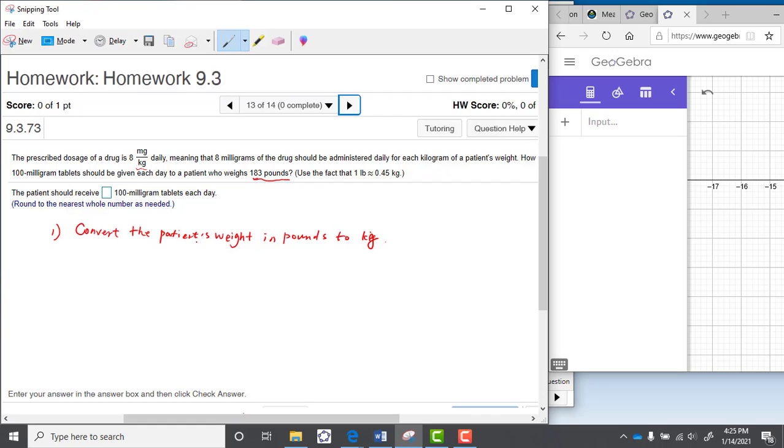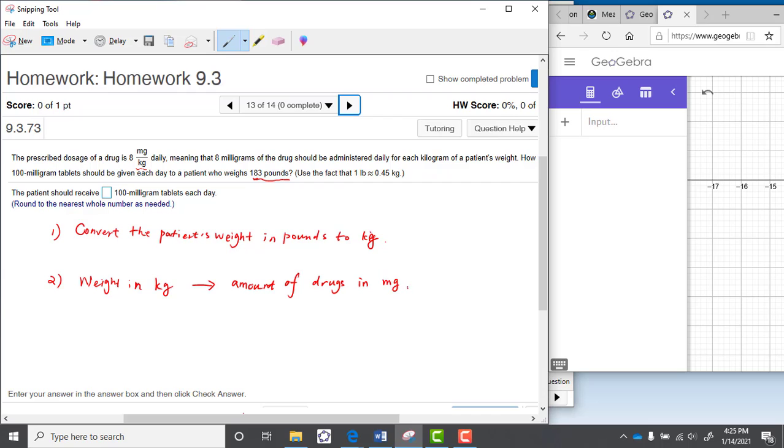That's what we're going to do first. Once we have the patient's weight in kilograms, then we can use this information to figure out the amount of drug, the dosage, which of course is going to be in milligrams.